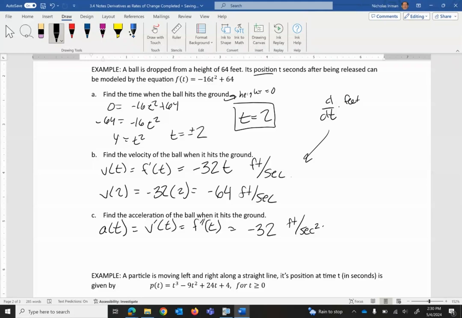So our time was there. We then did the derivative with respect to t of our feet per second. And so that's where the second squared comes from. Okay, so feet per second squared.